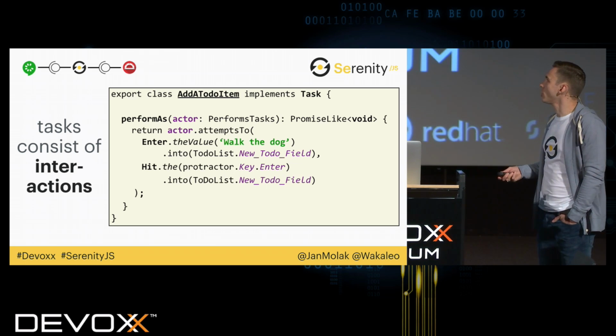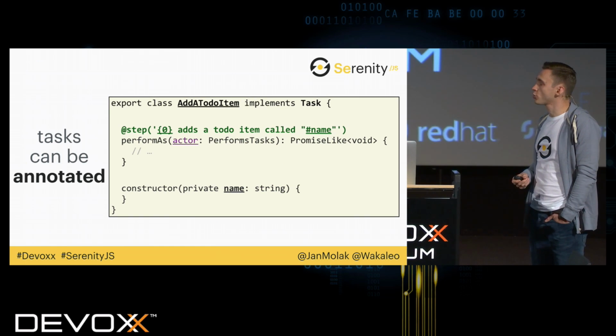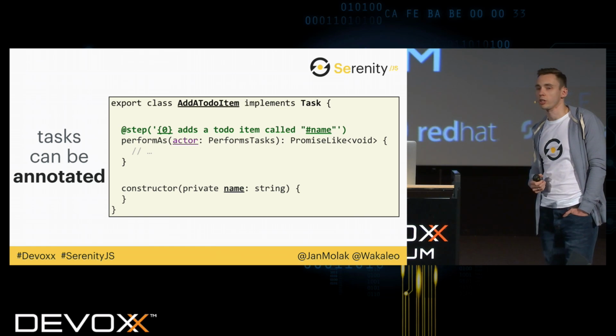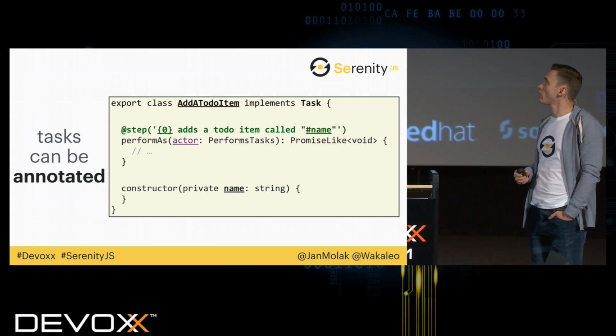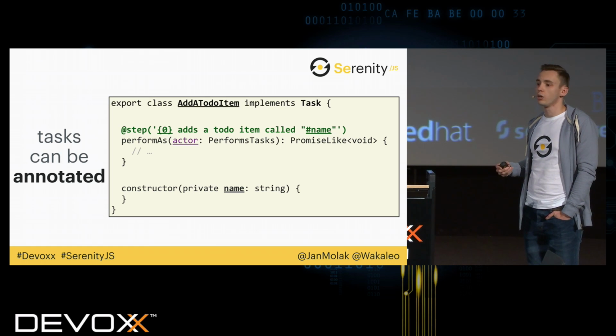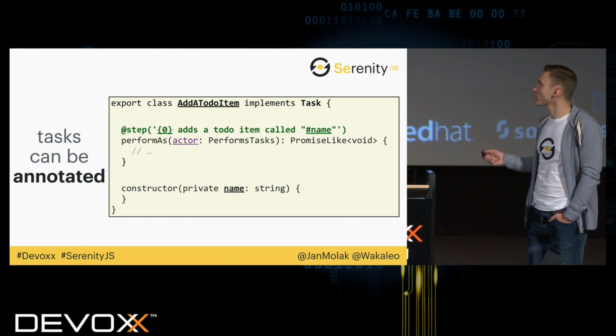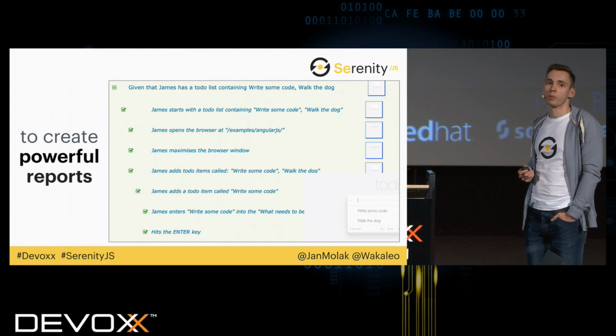Now, another property of a task is that it can be annotated. That's a feature that comes with TypeScript, that some methods can have annotations. And the way we use them is we use them to map a task class to a piece of text that will then be used to generate a report of our test execution. And those reports are what you can very easily present back to business stakeholders.